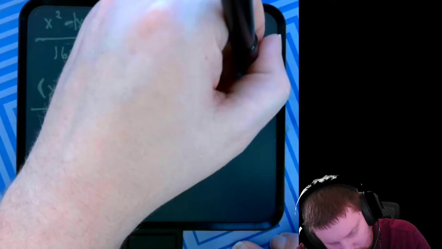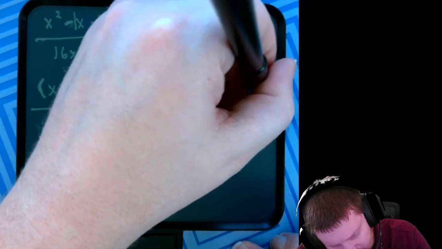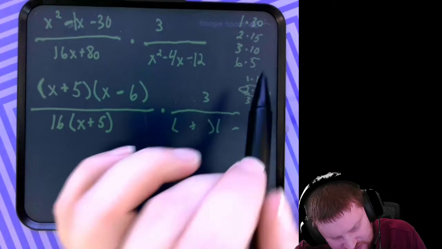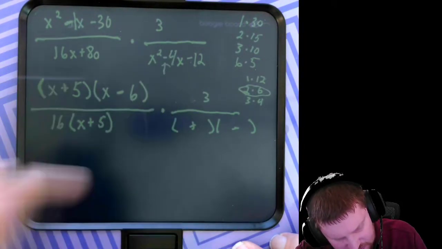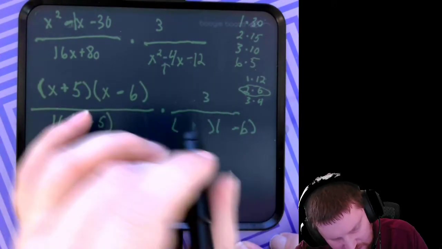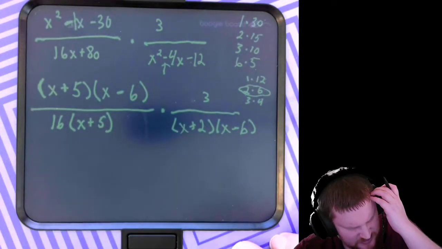Factors of 12 are 1 and 12, 2 and 6, 3 and 4. 2 and 6 are 4 apart. This negative sign says the bigger one will be negative. So I have negative 6 and I have positive 2, x and x.